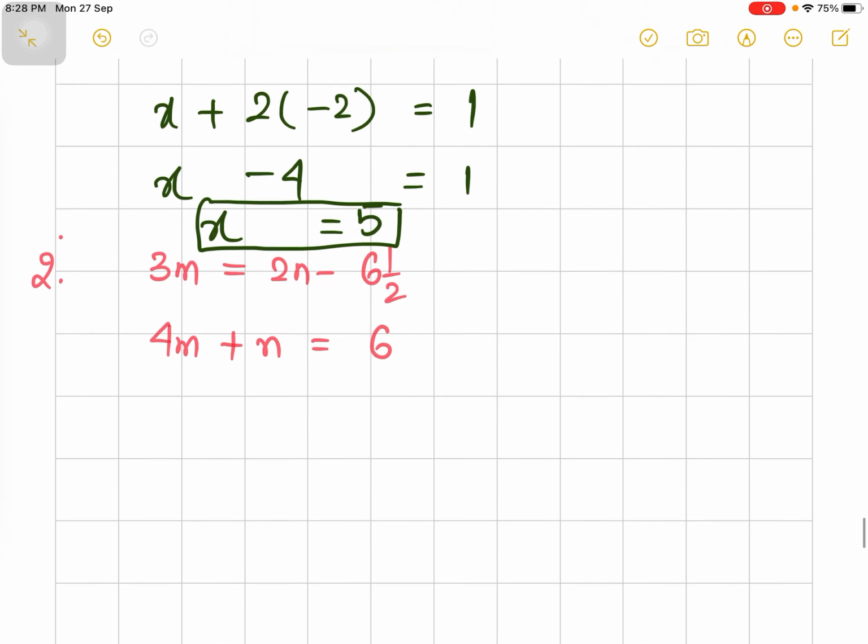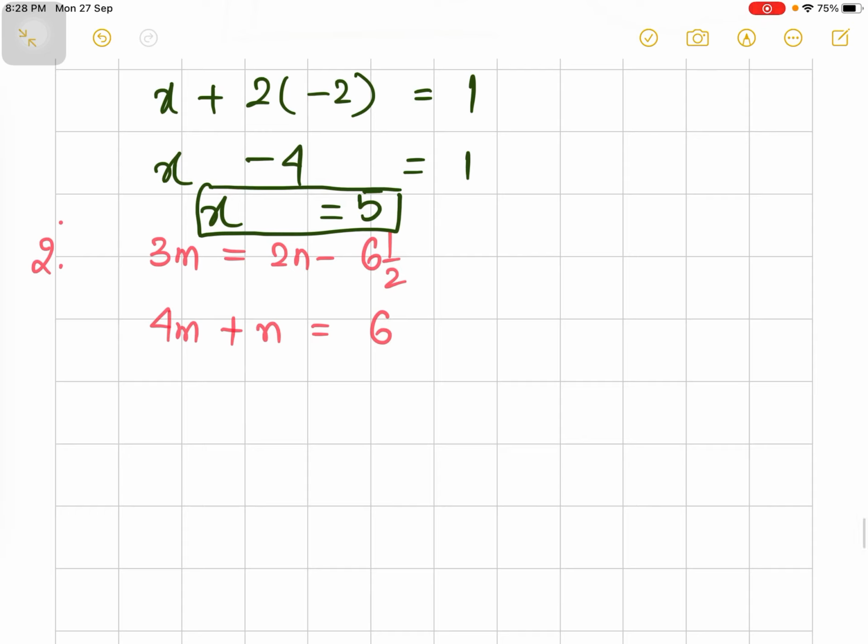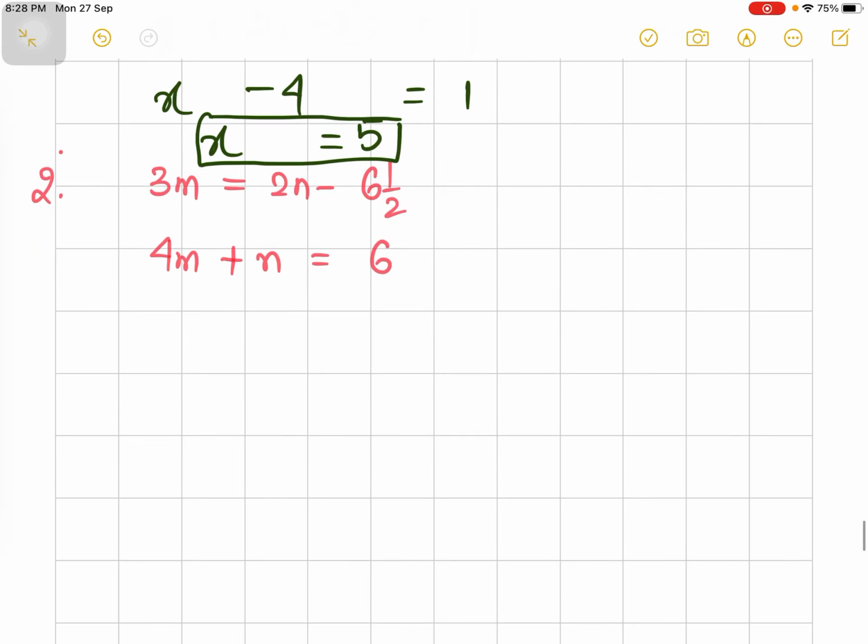Next question. 3m is equal to 2n minus 6.5 and 4m plus n is equal to 6. Let's bring all the variables on the left hand side, and this time let us try the elimination method. This is the first equation. This is the second equation.